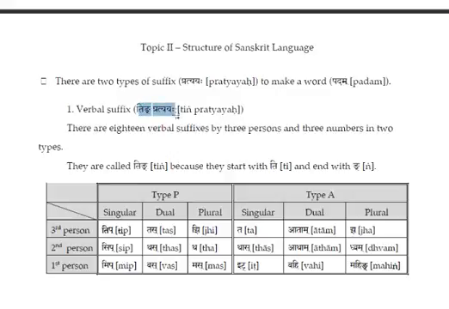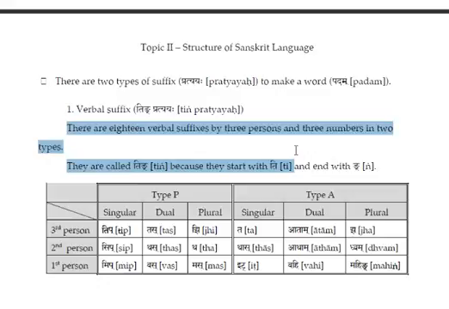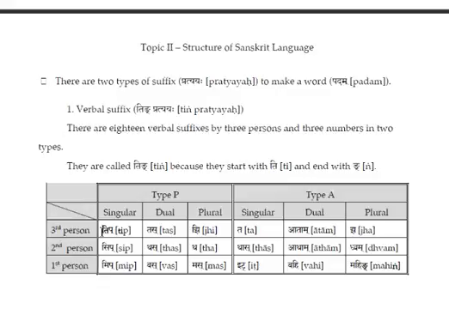Now, why is tin pratyaya such a funny name? There are 18 verbal suffixes: 3 persons and 3 numbers in 2 types. They are called tin because they start with T and end with ng. So, starting from T, it goes: tip, tas, jhi, sip, thas, tha, mip, vas, mas, ta, aataam, jha, thaas, aathaam, dhvam, id, vahi, mahin.